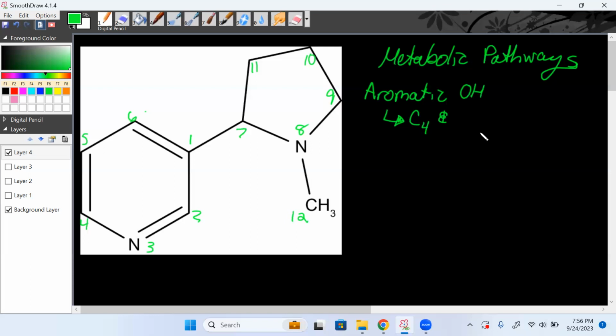Maybe even a little bit better if I could see some of the data. Carbon 6. Why? Because it's para to the nitrogen in the ring. So even a substitution within the ring can help dictate where para goes.